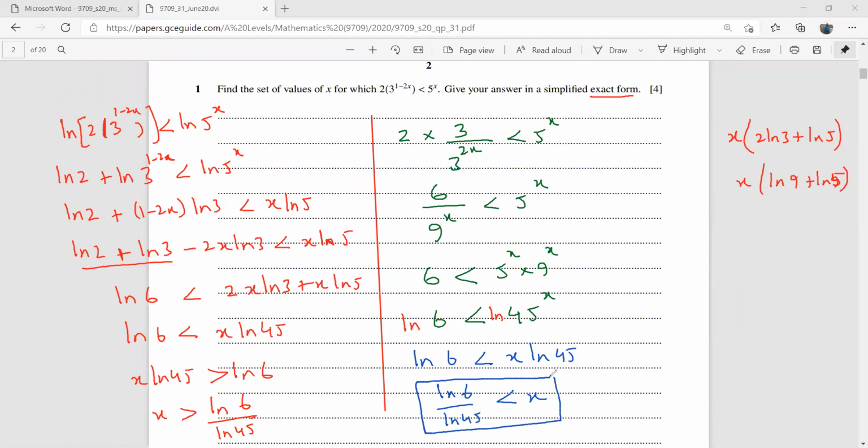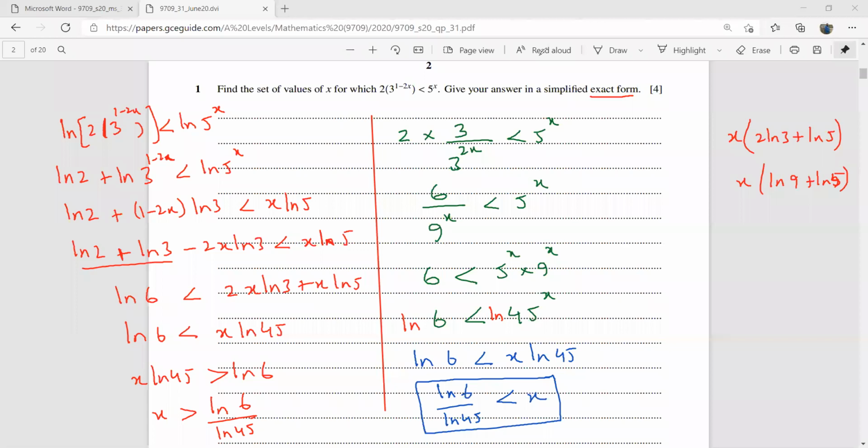The direct application of logarithm or using the indices rules? Indices. You see, this is much neater and you could get to the required value more quickly. And please see that a calculator is not being used anywhere at all. Even if you had to give your answer correct to 3 significant figures, you should do all these steps, and at the very last step, you should use the calculator.